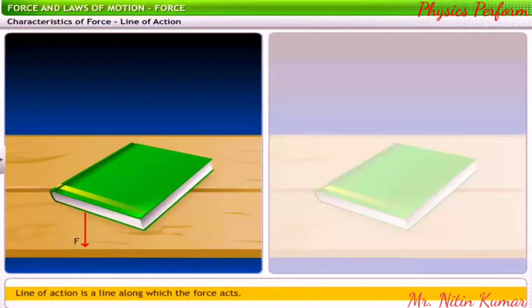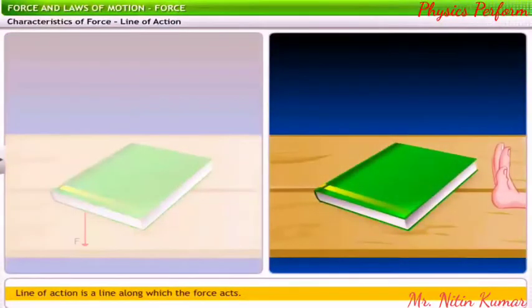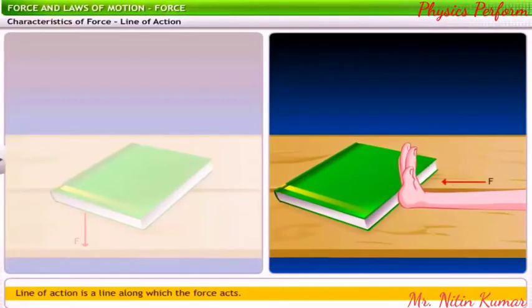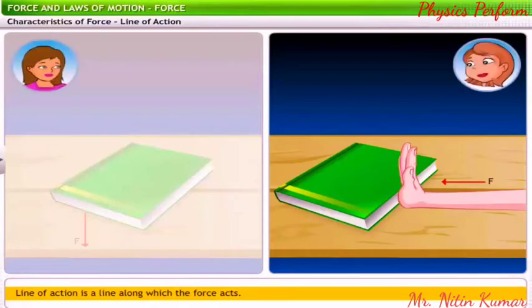You can say that the line of action of force is downwards. However, if you try to push the book, you need to apply force horizontally. Therefore, the line of action of the force applied on the book will be horizontal. So, the line of action can be horizontal or vertical.